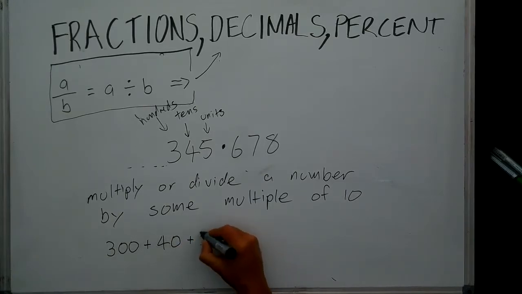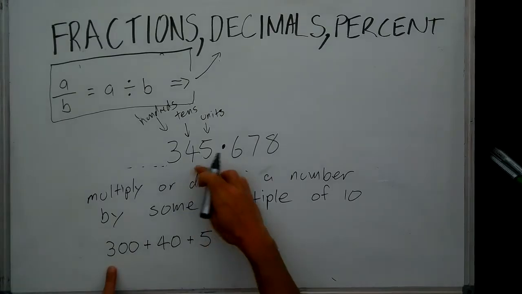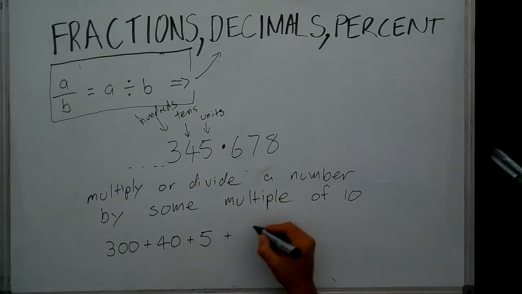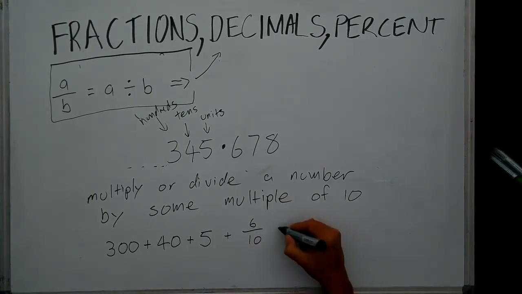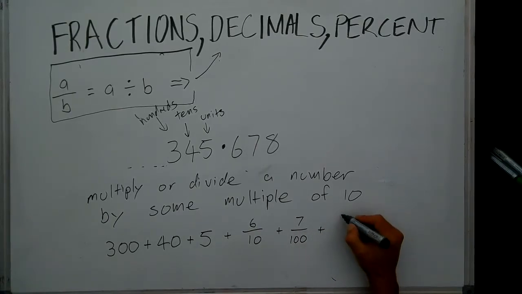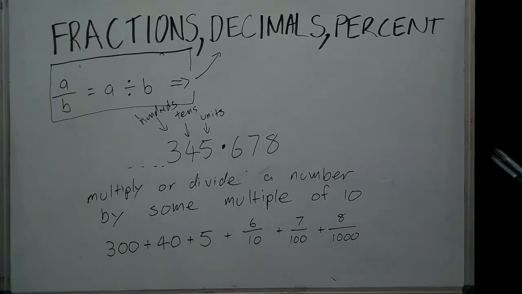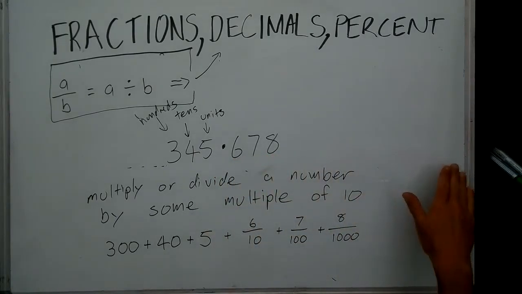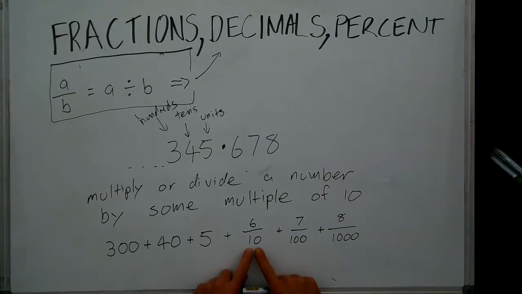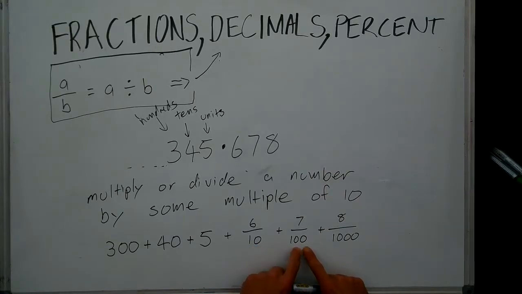I'm going to add 5, so that's 345. Then I'm going to add 6/10, and then I'm going to add 7 1/100ths, and then 8 1,000ths. So this is to sort of show how once we get beyond the decimal place, really these numbers are representing fractions with multiples of 10 on the bottom.